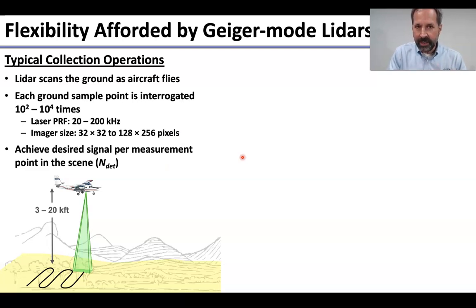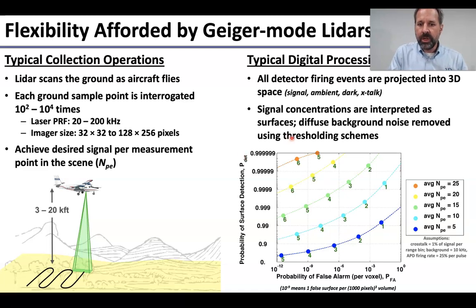We've collected the data, now what? So in the processing, the first thing we do is we take all of those detector firing events, be they from signal or ambient light or dark counts inherent in the detectors themselves, or even crosstalk effects, which I won't get into, and you project all those into 3D space. And then we comb through that 3D point cloud looking for concentrations of points.